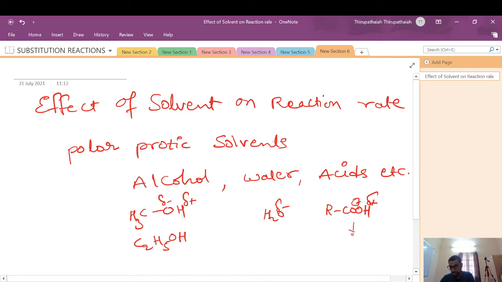Carboxylic acid, you all know how it exists, RCOO minus H plus. They are good proton donors. So in this way, solvents which are polar and protic in nature are good for SN1 reactions.